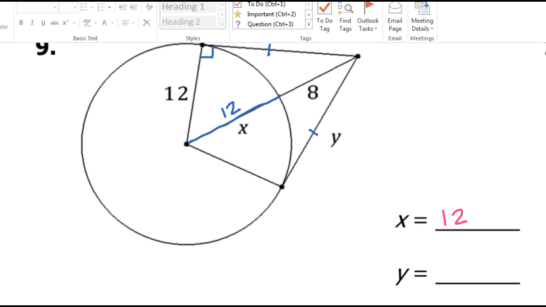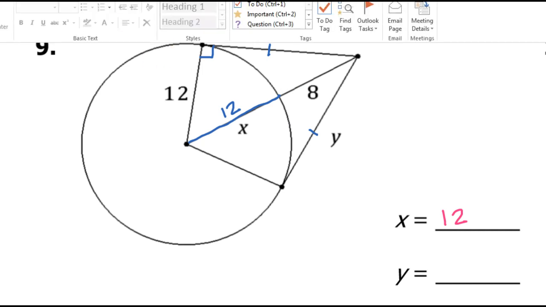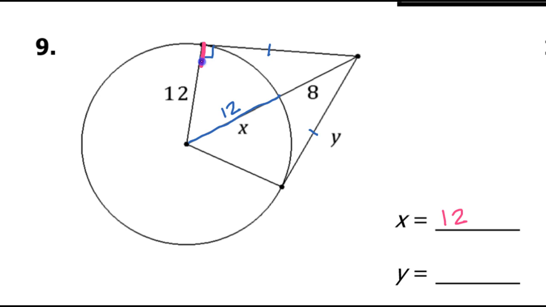Now, as I begin to analyze this triangle, I see that I have a right triangle, okay, like this. See this as an entire triangle. Now, one side of the triangle is 12. What about the hypotenuse of the triangle?